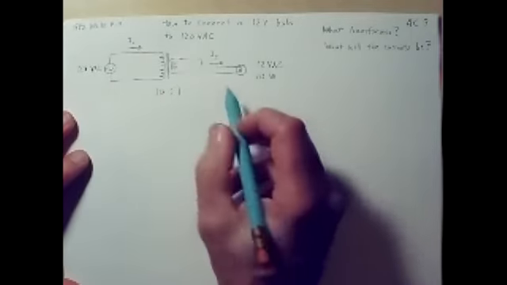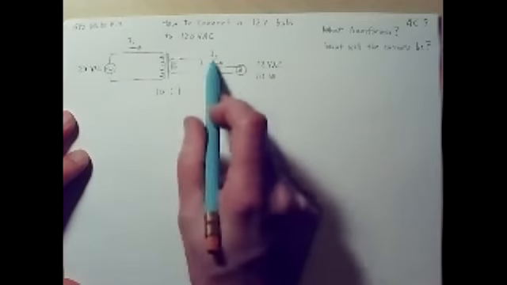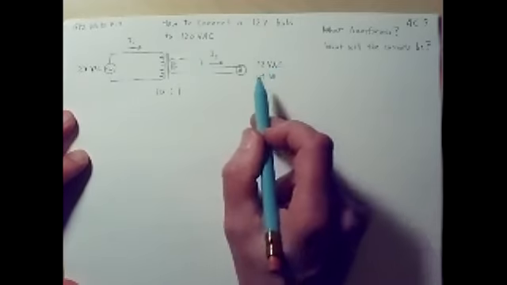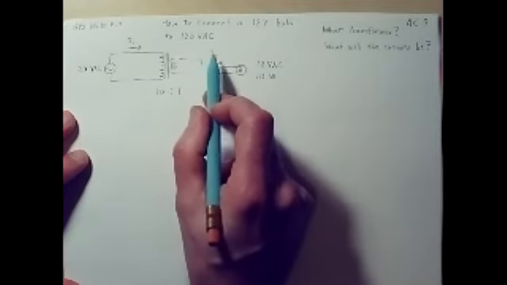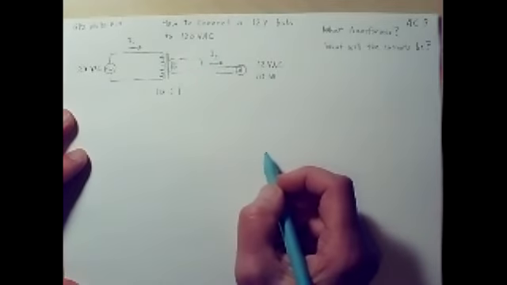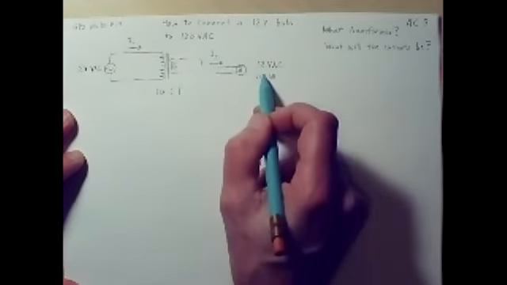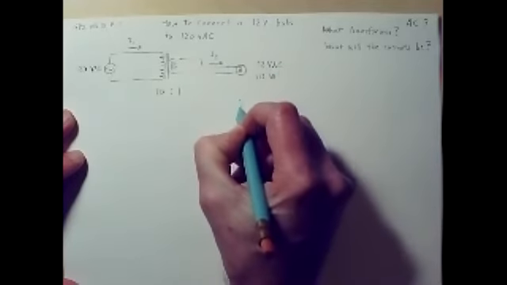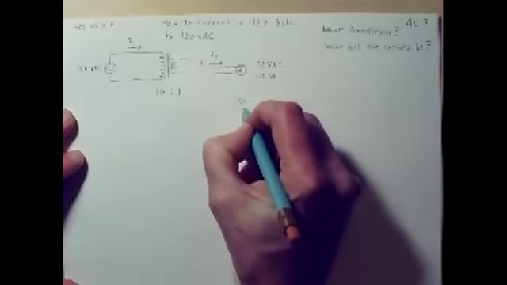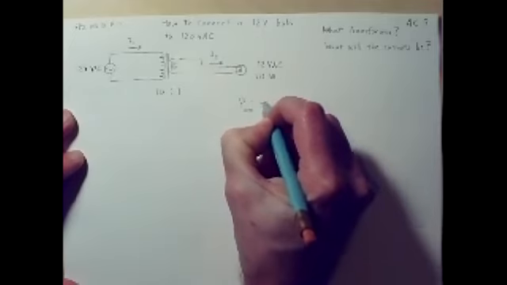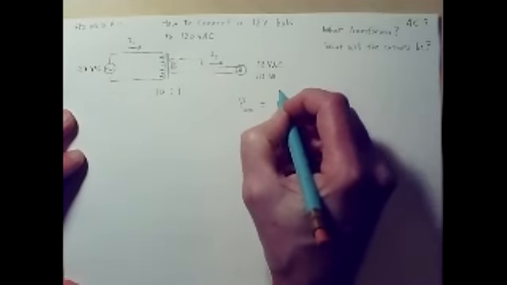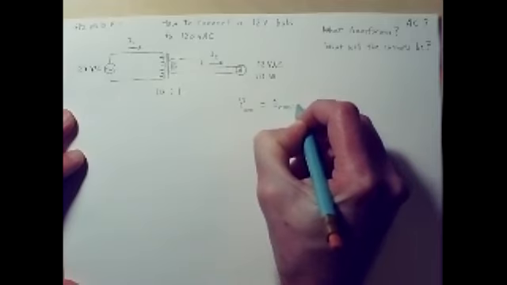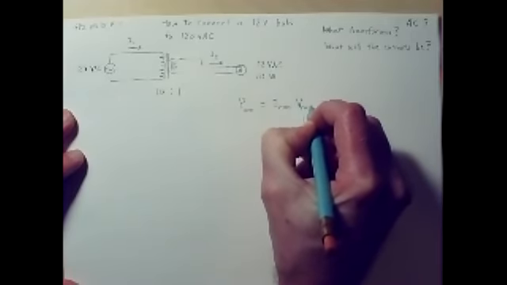Well, the current in the secondary is going to depend on this part right here. We know it's 12 volts, and we know it's 10 watts, and then we want to figure out the current. So we want a relationship between power and voltage and current. And that's just that the average power is the RMS current times the RMS voltage.